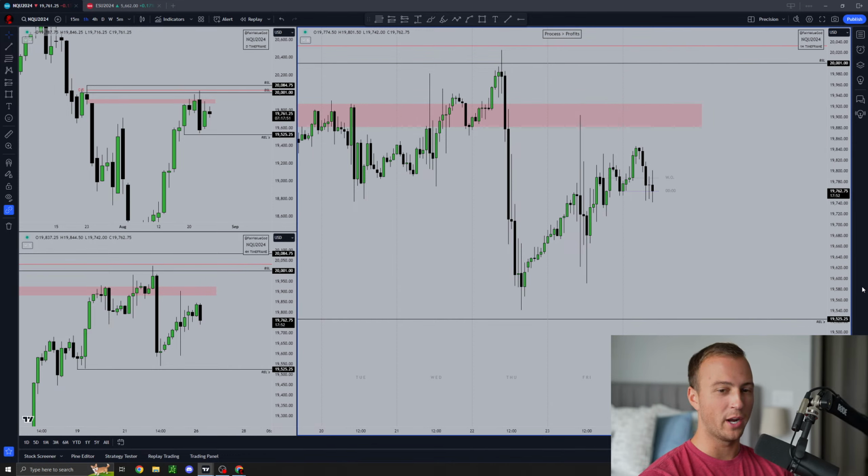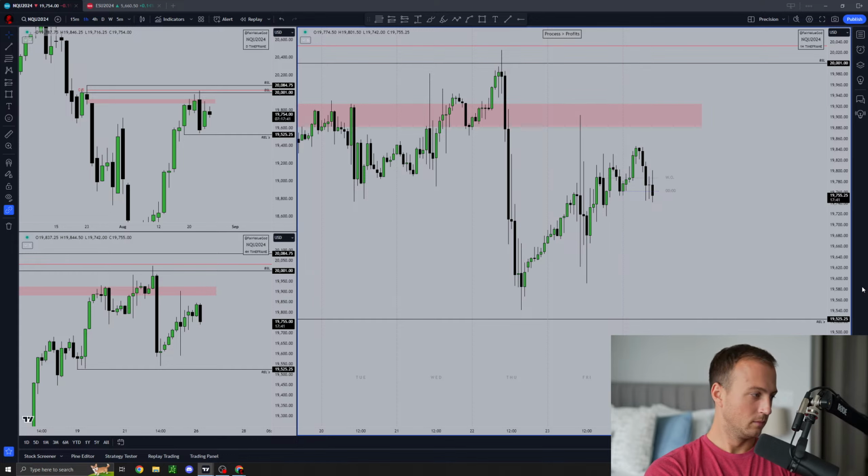Just like I don't use a breaker every single time I enter a trade, but if it's there on that particular setup, or same with SMT, there might not be SMT on that setup, but when it's there, it gives me added confluence.